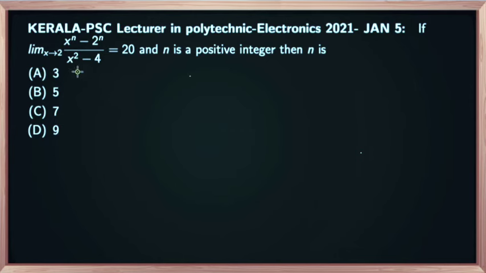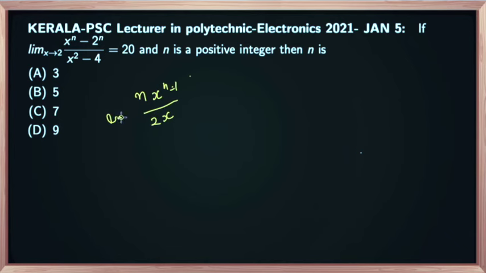So we know if you substitute x equal to 2 in this equation, we'll get 0 by 0 form, because 2 raised to n minus 2 raised to n will be 0, and 2 square will be 4 minus 4, again 0. So if you have something in the form of 0 by 0, we need to go for the L'Hospital's rule, that is differentiate in the numerator, you will get n x raised to n minus 1, okay, and the denominator, if you differentiate, it will be 2x, right?